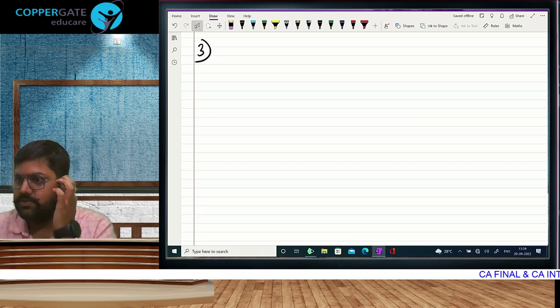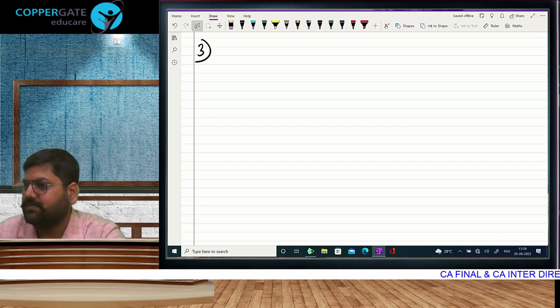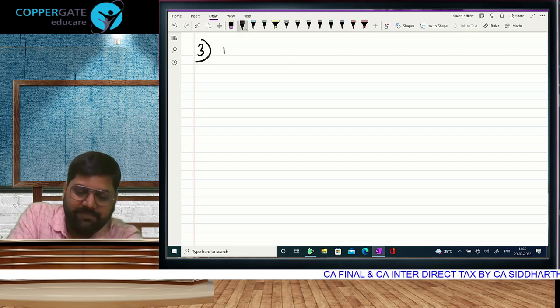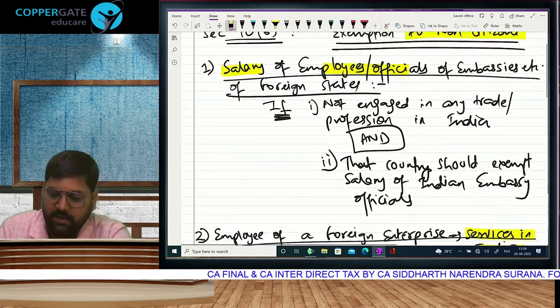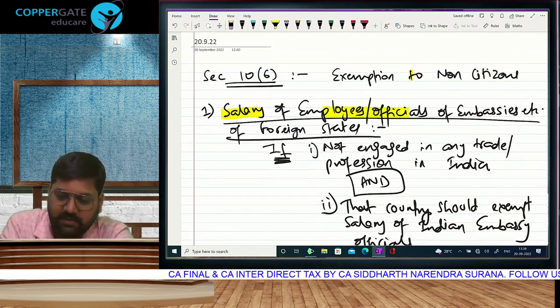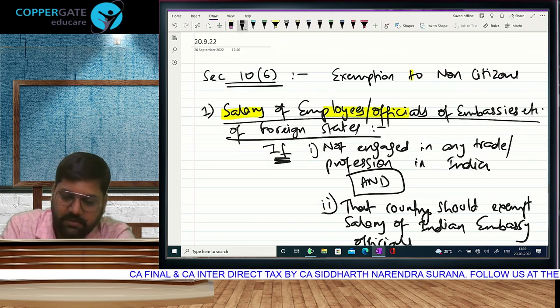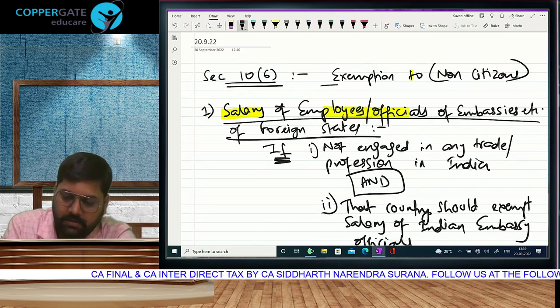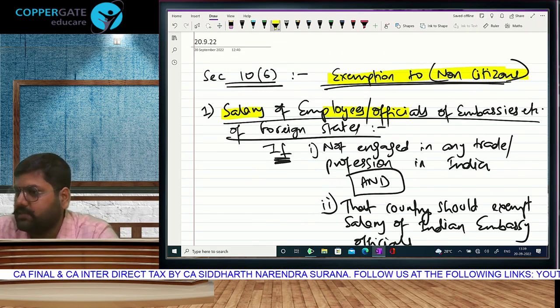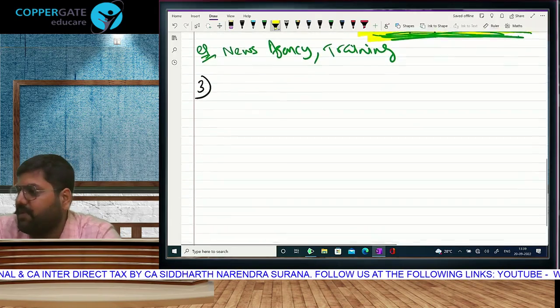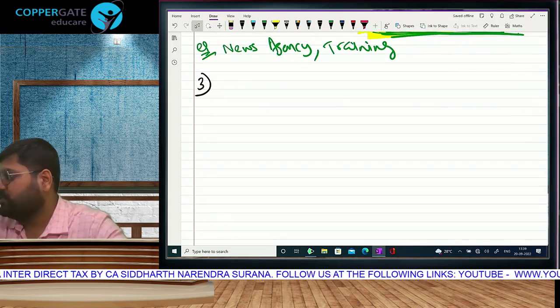We are doing 10(6), no? उसके अंदर का third exemption. Tell me one condition which is applicable before the section starts. Foreign citizen. So can I say before we start, you are already a non-citizen? Or I should not mention. नहीं तो क्या होगा मतलब confusion होगा. Because we have already put this condition as a common condition for all the points of 10(6). अब भी मैं यहाँ पे in point number 3, if I will write non-citizen, no, then you will get confused about point 1 and 2.